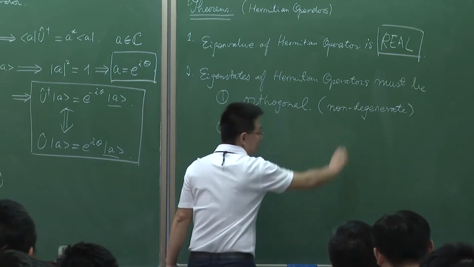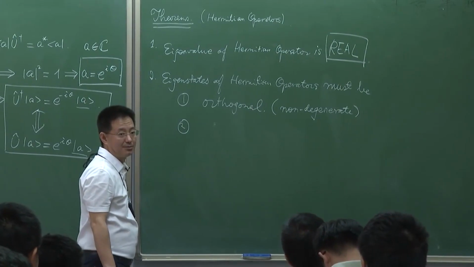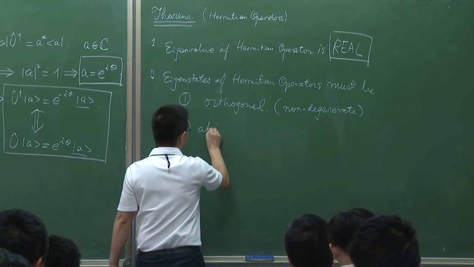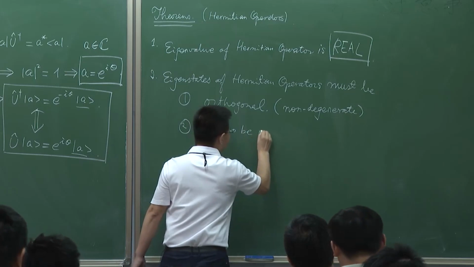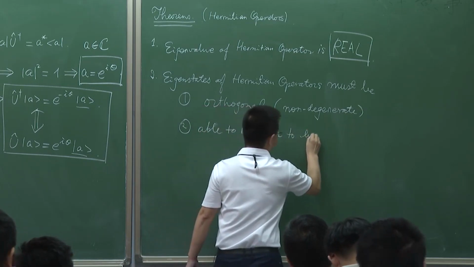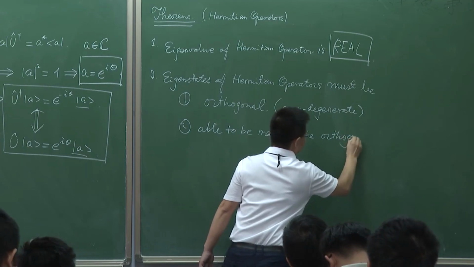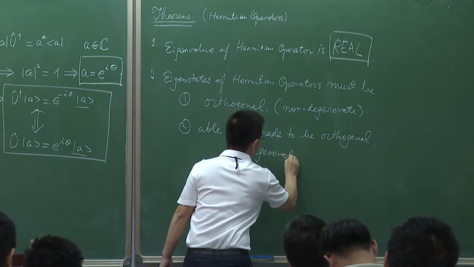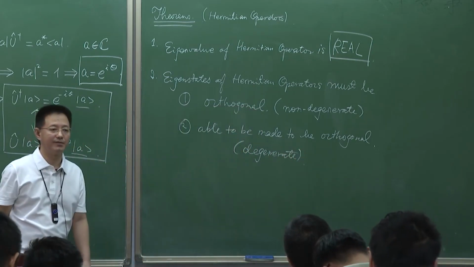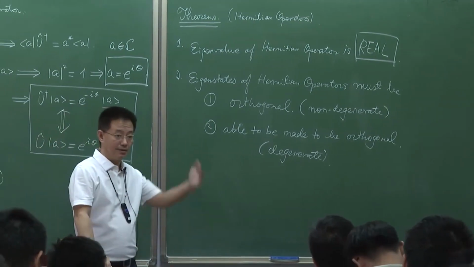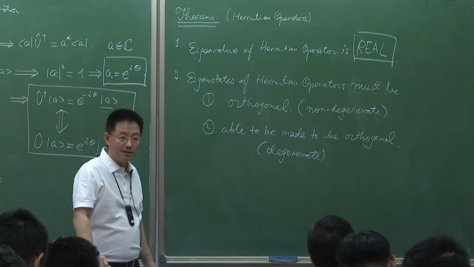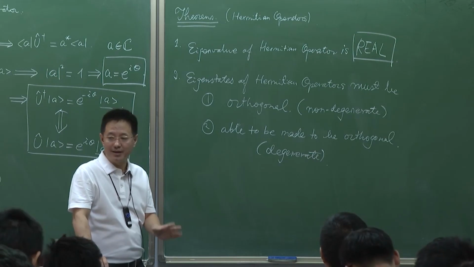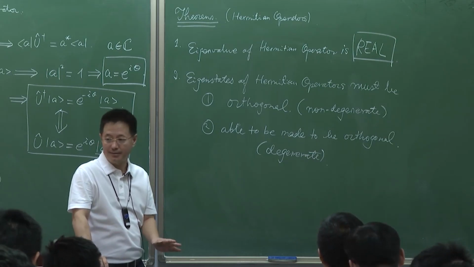For the degenerate case for the Hermitian operators, what will happen? They must be able to be made orthogonal. That is for the degenerate case. If you have a degenerate eigenvalue for the Hermitian operators, you can have several degenerate eigenstates, right? They are not necessarily orthogonal, but you can make them orthogonal in some way.